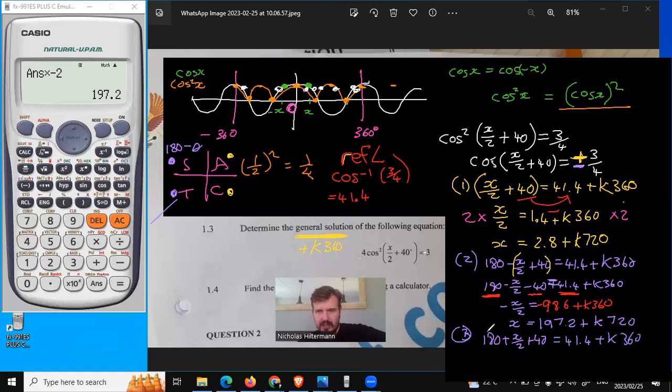And so here I get 220, which becomes minus 220 when it goes to the other side. So minus 220 plus 41.4 is minus 178.6.